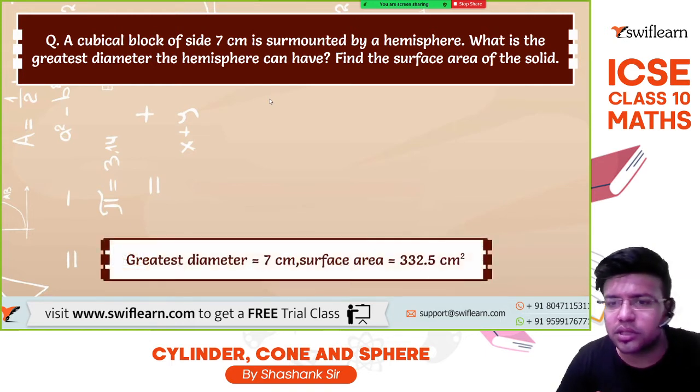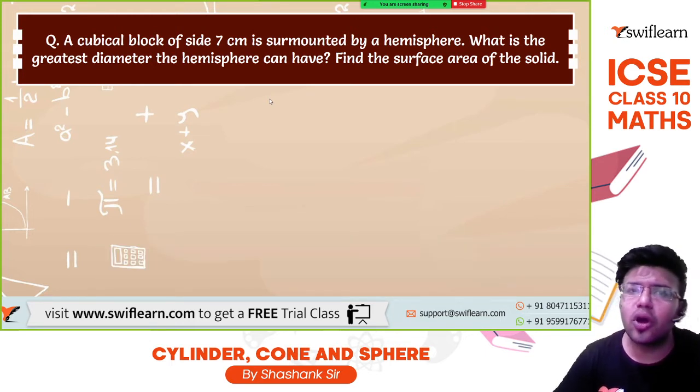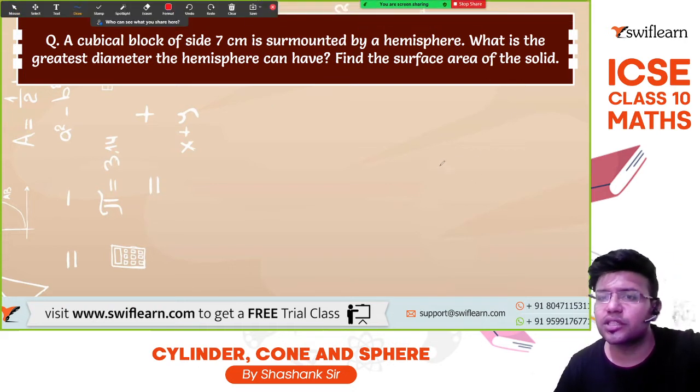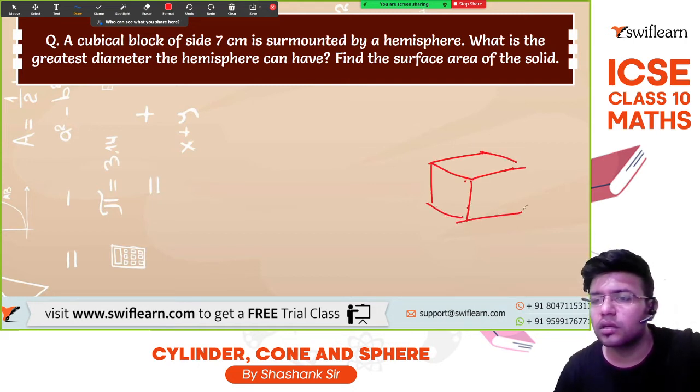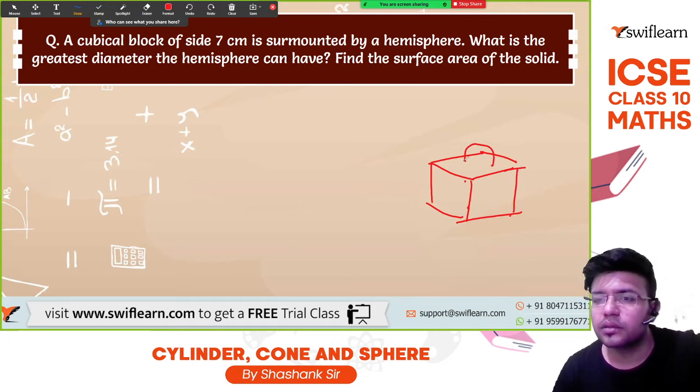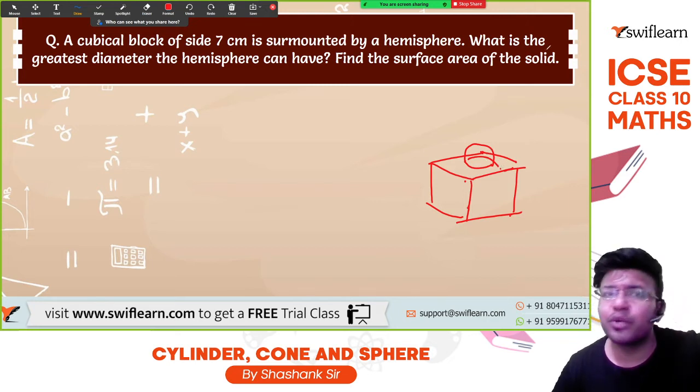What about this? A cubical block of side 7 centimeters is surmounted by a hemisphere. What is the greatest diameter the hemisphere can have?